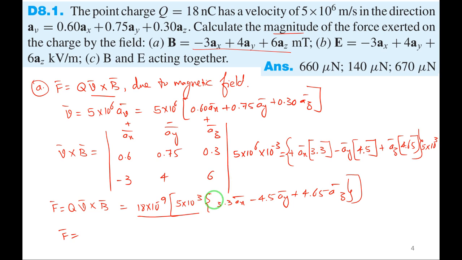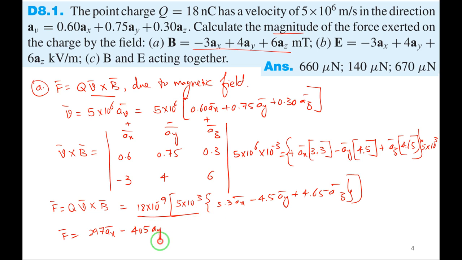So let me express in terms of 10 power minus 6. I am getting 297 AX into 10 power minus 6, which I will write outside later on. Then next I will multiply with minus 4.5. I am getting minus 405 AY, 405 into 10 power minus 6.